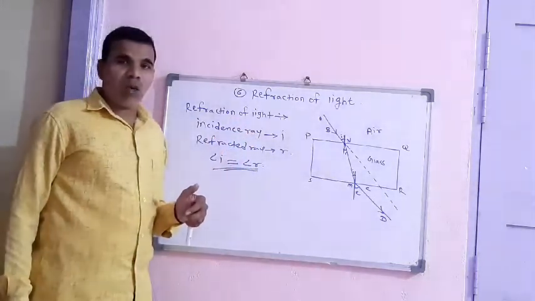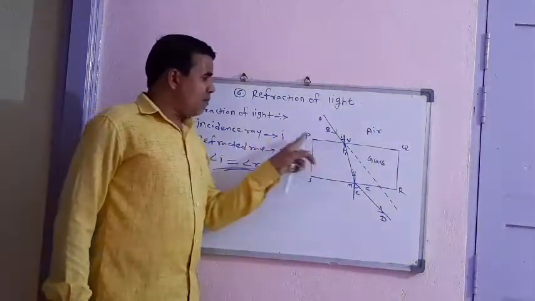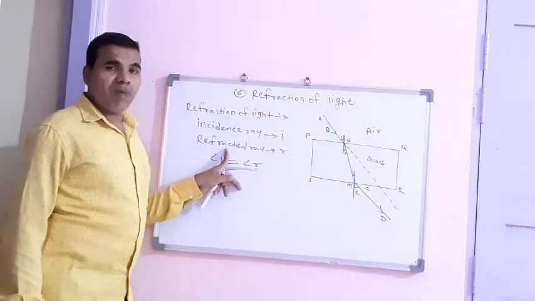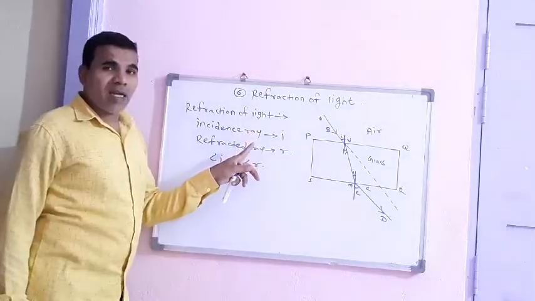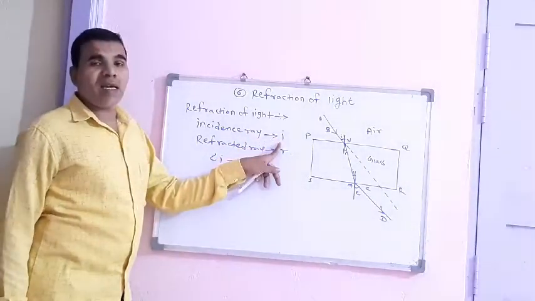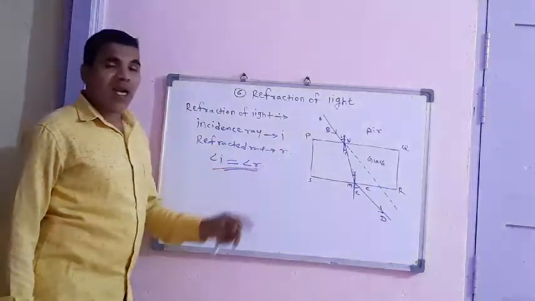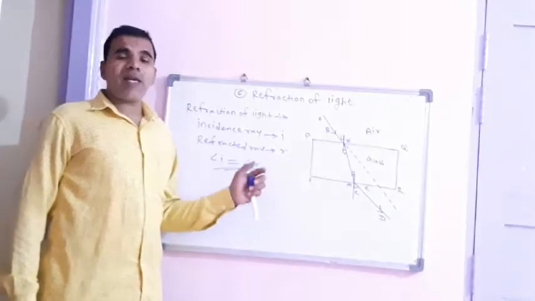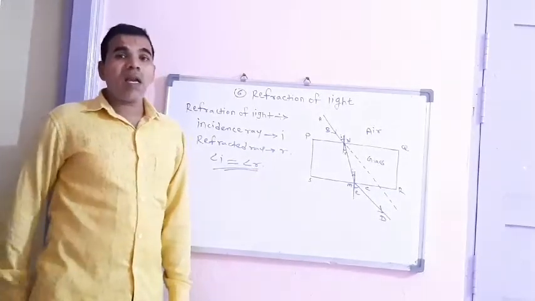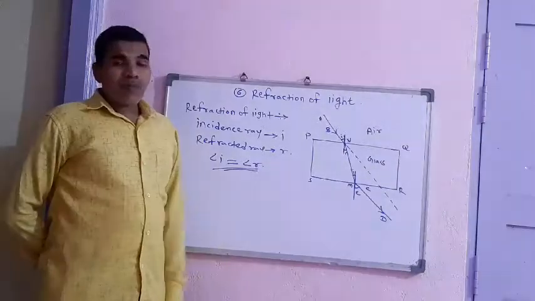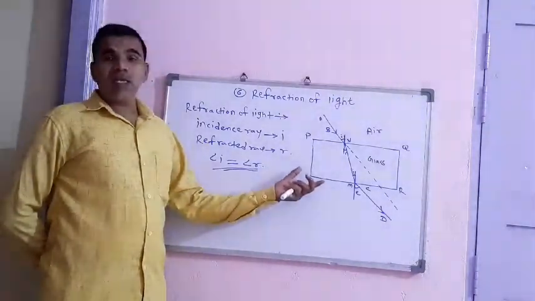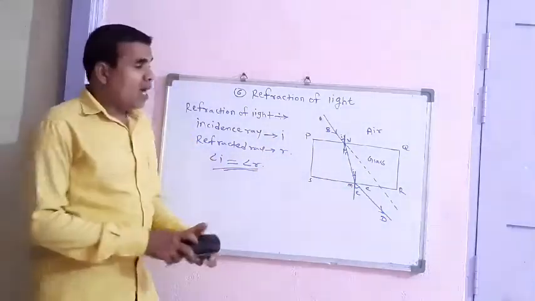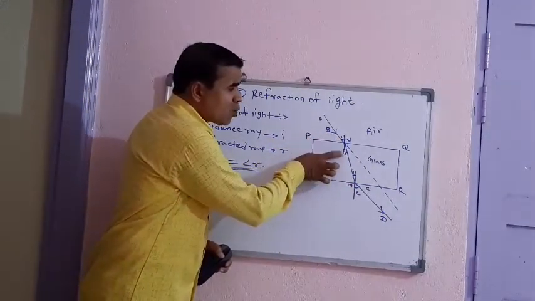The incidence angle is denoted by letter I and the refracted angle is denoted by letter R. So the incidence angle and refracted angle are opposite to each other. In this diagram, the incident ray and refracted ray are opposite to each other, and angle I and angle R are opposite to each other.